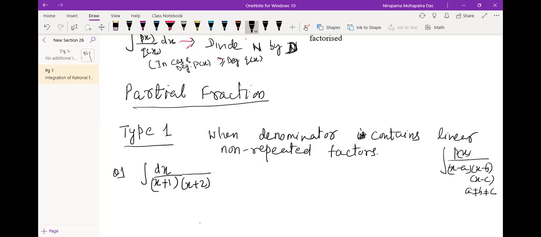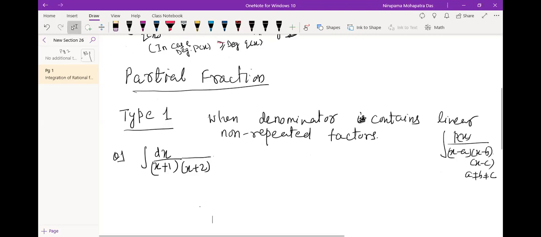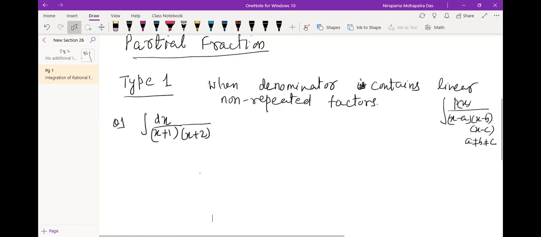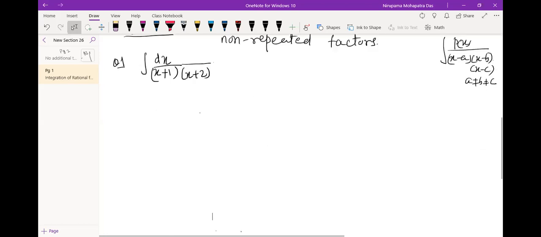In the partial fraction method, we express the product as a sum of two or more terms. Here the denominator contains two linear non-repeated factors, and the numerator is 1.